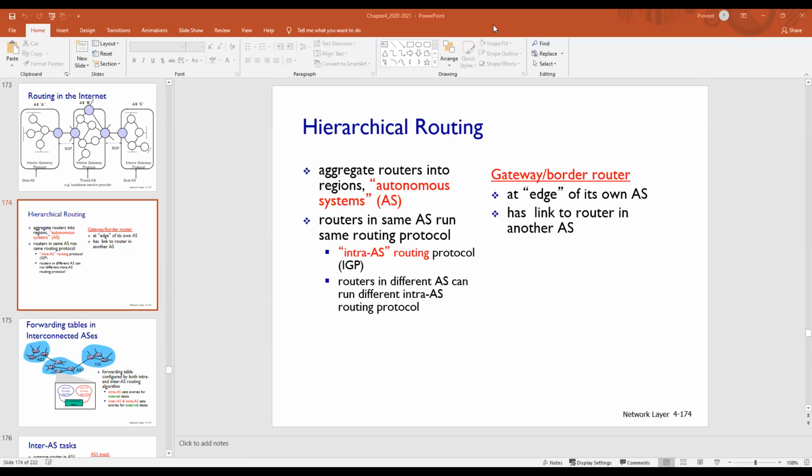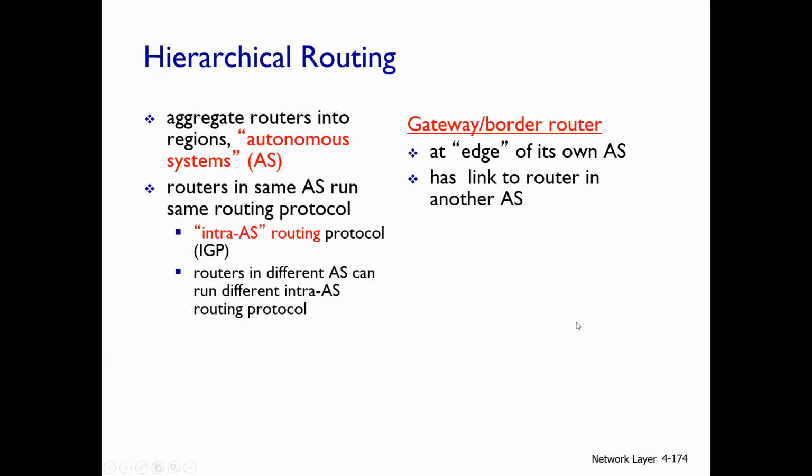So in today's lecture, we'll be covering BGP, and then if time permitting, we'll move on to the data link layer. So just to recap very quickly, hierarchical routing is the way to go in the internet, because routers actually function within autonomous systems. You have some ISP, you have some entity which controls all the routers within a certain region.